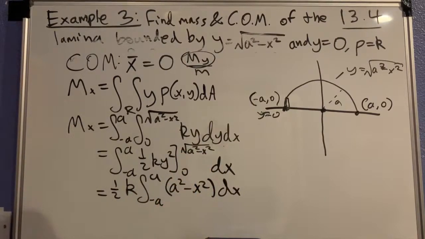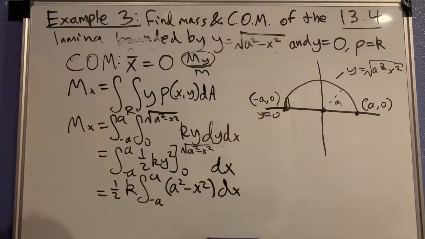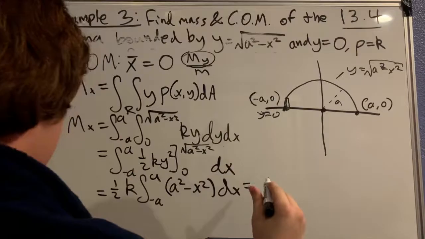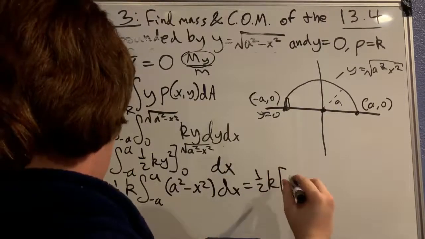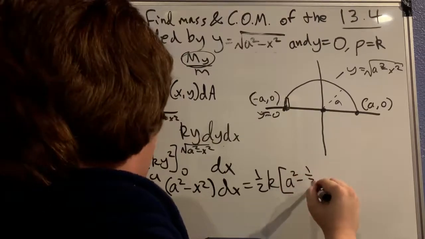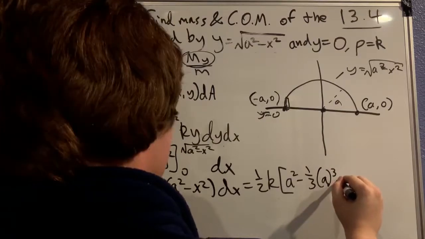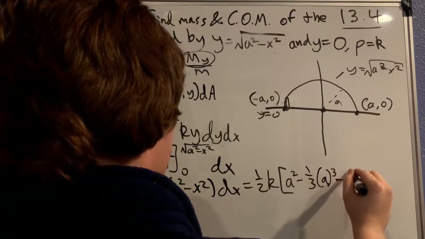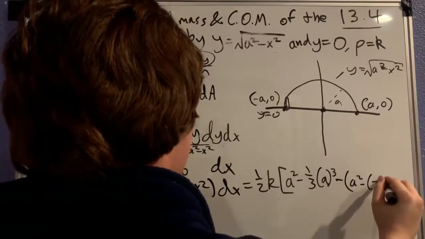Now to integrate this, I'm going to take a few shortcuts here and say that that is equal to 1/2 k times a squared x minus 1/3 x cubed, evaluated from negative a to a.